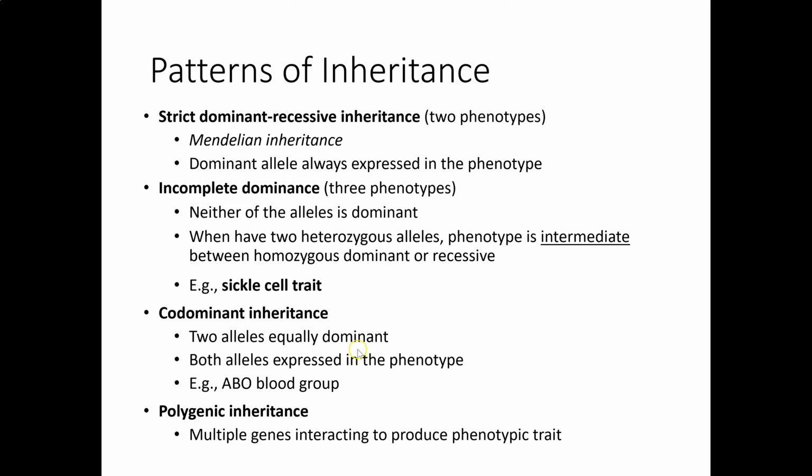So the chicken will end up with both red feathers and white feathers, not pink feathers. That's an indication of co-dominant inheritance, because you actually see the expression of both alleles.